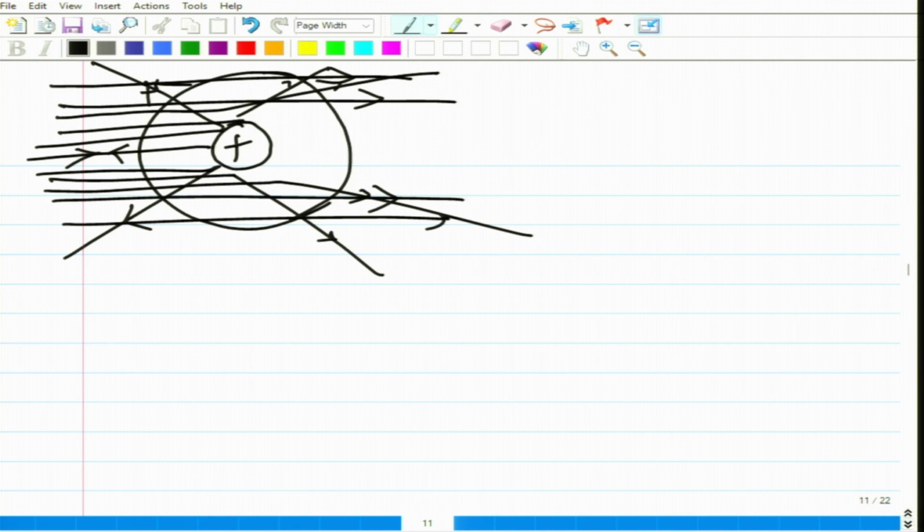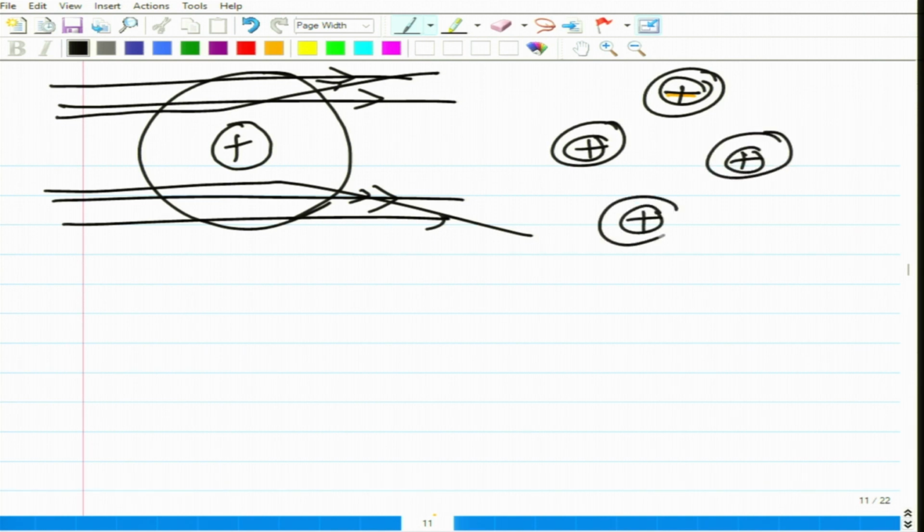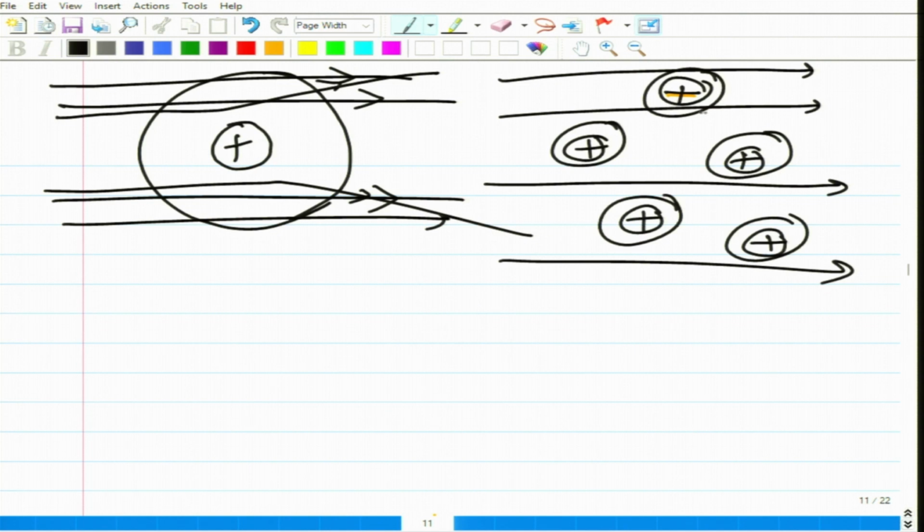This can also be understood like this. The gold foil has many atoms. When the rays pass distant from the atoms or distant from the nucleus, they pass undeflected.